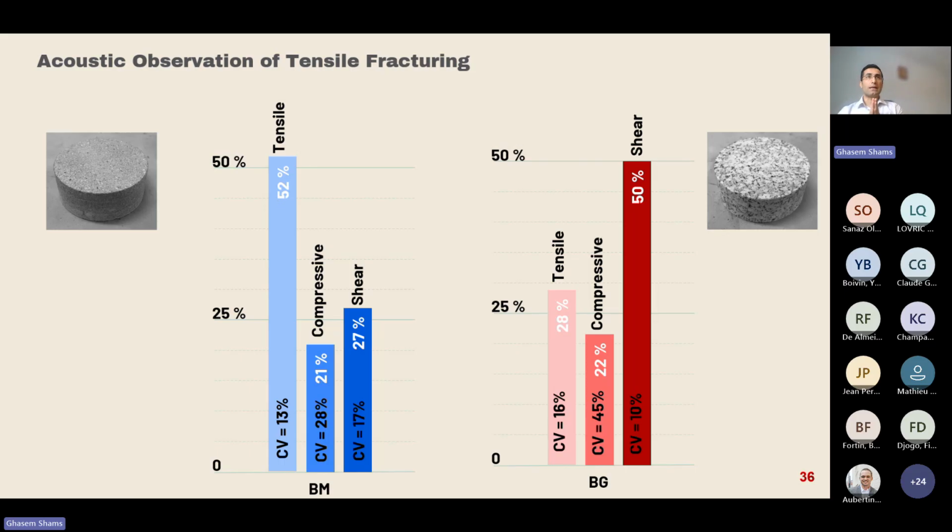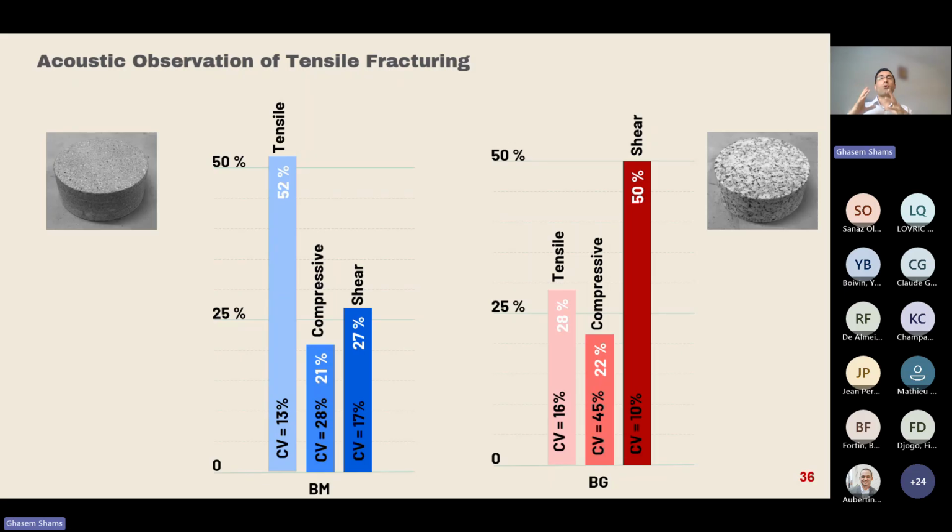Again, that can simply explain why, when we test different materials, we have different resistance. Just from this figure, we know that on the right side we have a higher number of shear microcracks, and on the left side we have fewer. Shear microcracks take more energy, more load to fail.